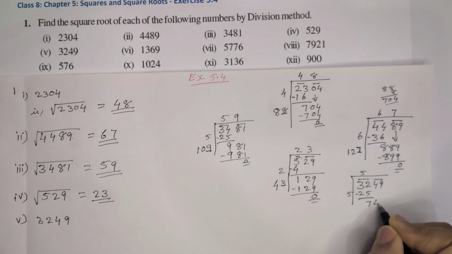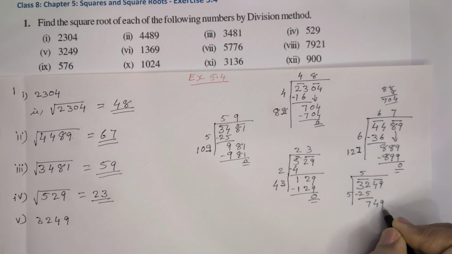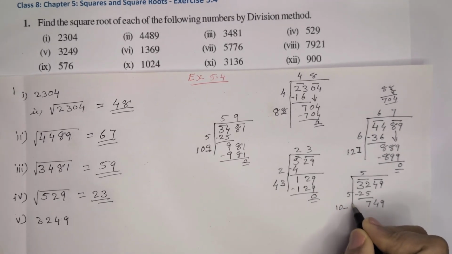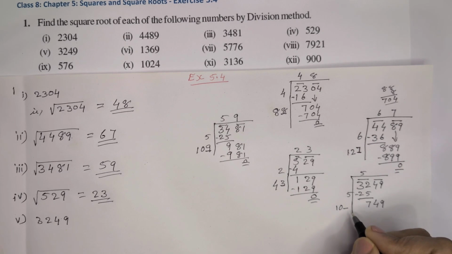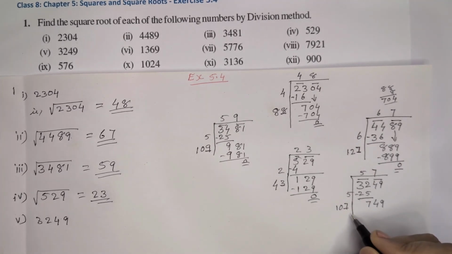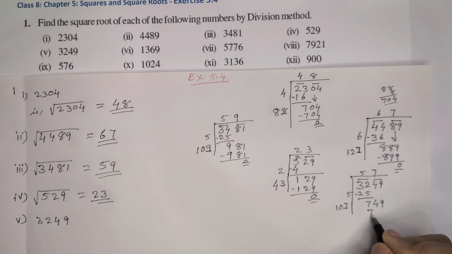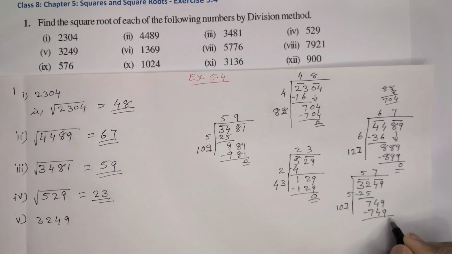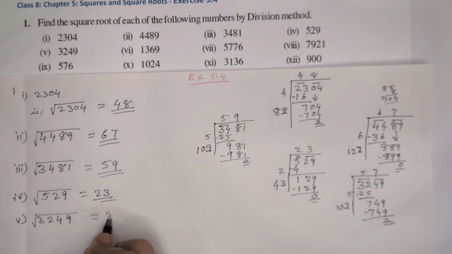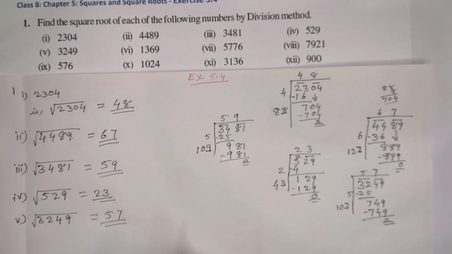The next group is 49. So 5 plus 5, that means 10. 10 into 1 digit we have to find, that is 7. Here also 7. So 107 into 7 will come 749. So the square root of that number is equal to 57.